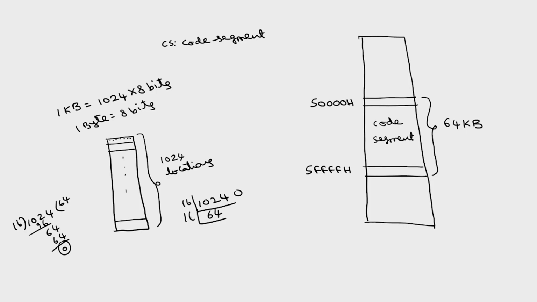Then 4 divided by 16, 16 times 0 is 0, remainder is 4. You have to stop here. So you see the way to convert this decimal to hexadecimal number. Totally this will be 400.